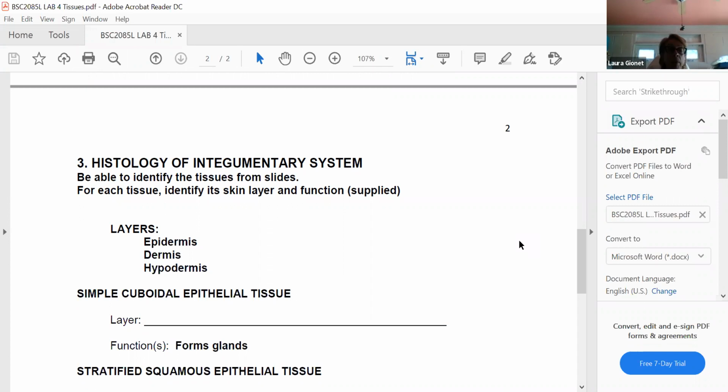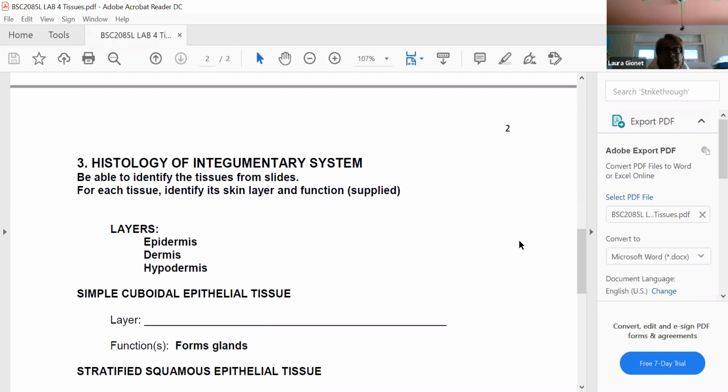All right, so it says be able to identify the tissues from the slide. So you're going to be looking at a slide, and the pointer might be pointing to a particular thing. It's like identify that tissue, or maybe identify the layer of the skin where you would find that tissue, something like that. So identify the tissues from the slides.